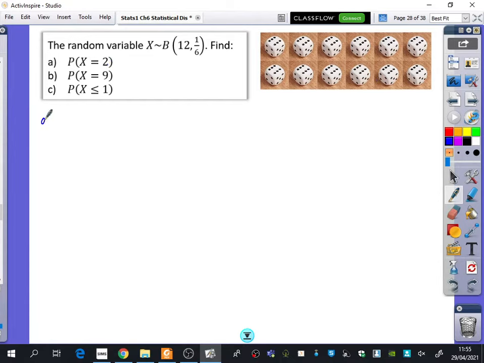So to find the probability that I get 2 6s, my first bit, what's my binomial coefficient going to be? 12 choose 2 multiplied by what? A 6th squared multiplied by 5/6 to the power of 10. The powers have to add up to 12, and that's our number of combinations of how it comes up. So let's get that typed in.